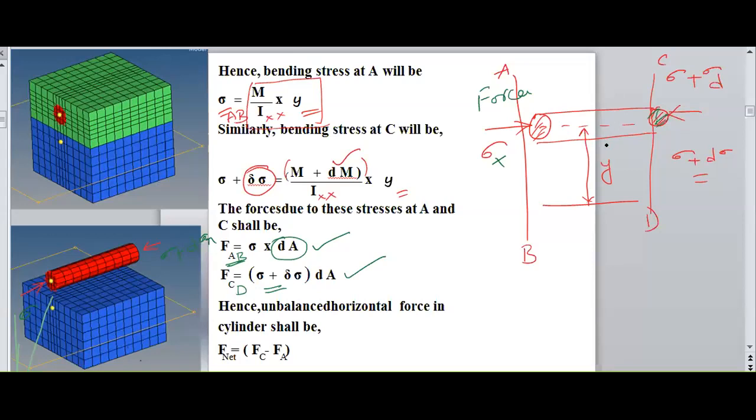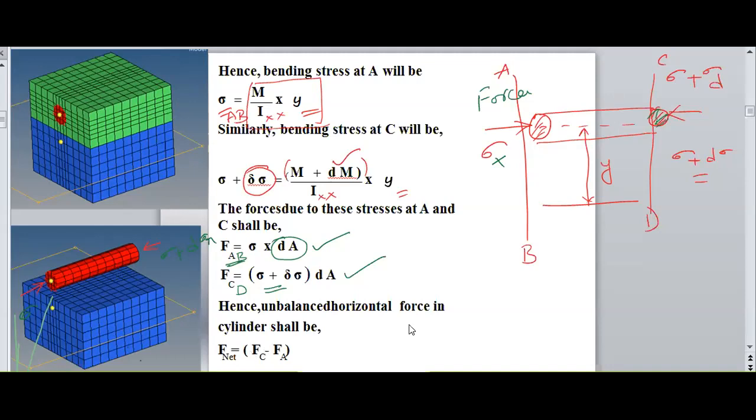Now I need to find out the net force. Two forces are known now. The force on the CD side is somewhat higher than the force on the AB side.